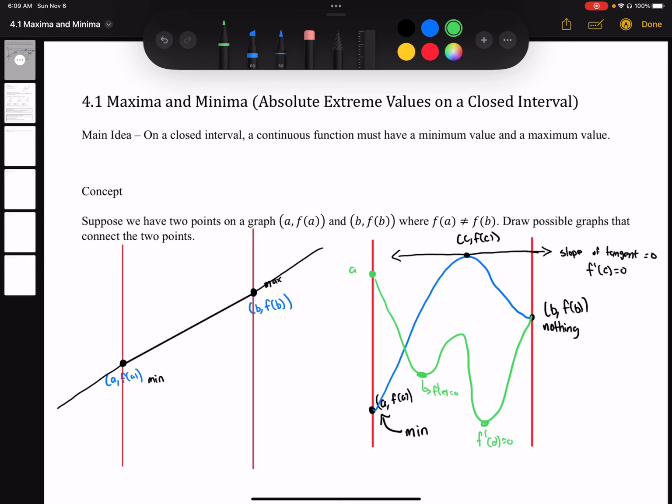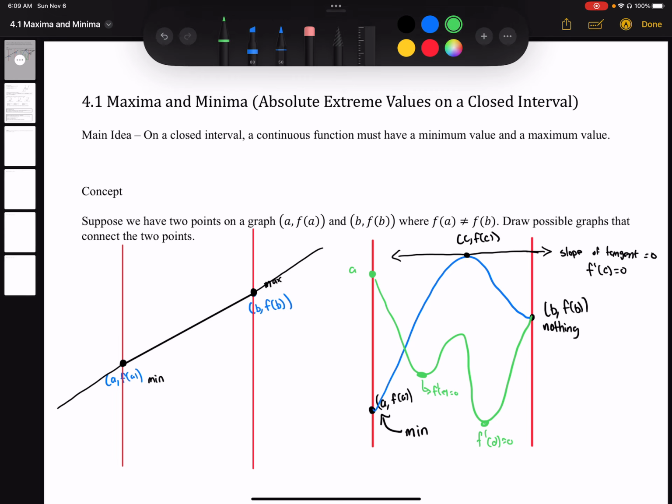There are two places where we would have to check. Now, if you have the graph, it's obvious, but what we aim to do is move from graphs to having analytical ways of solving our problems. So what we're really doing is checking where the derivative equals 0, and comparing those function values in the original function to the function values of our endpoints.